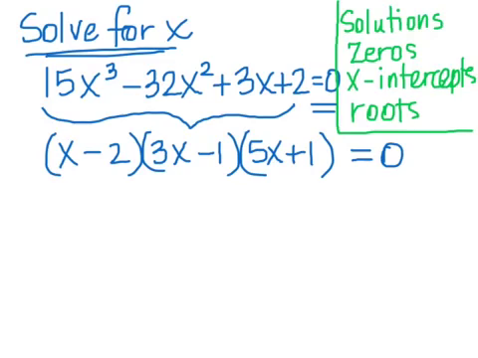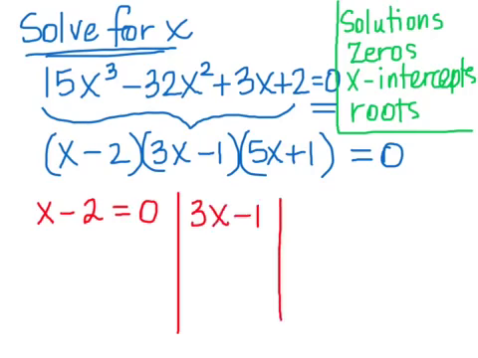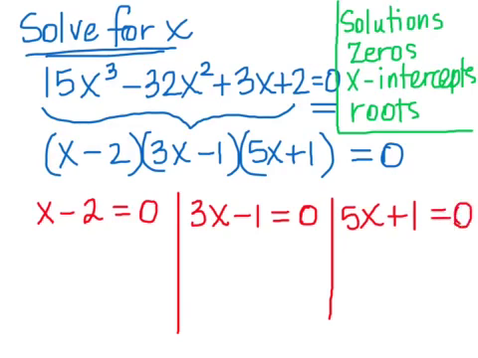The zero product property says that if you have a bunch of factors times each other that equals 0, you are allowed to set each factor equal to 0 and solve each little equation separately.